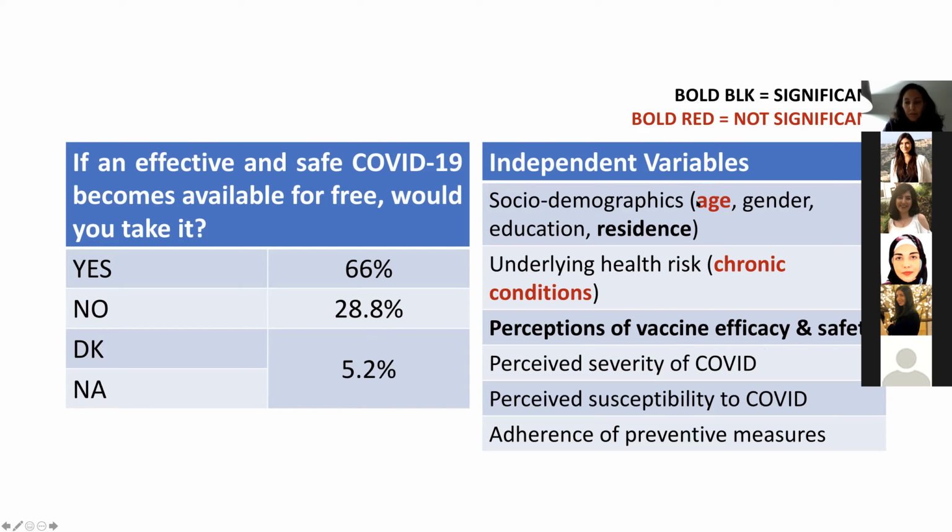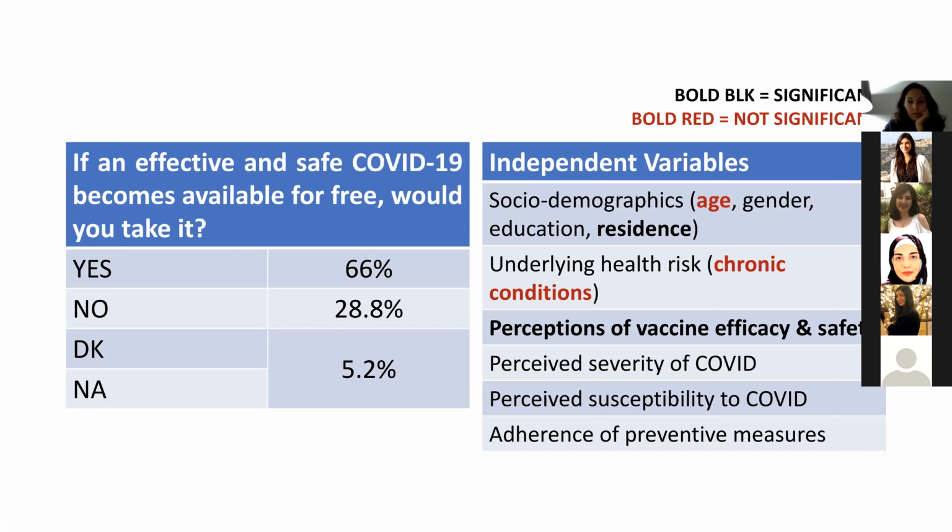What I was surprised with, and this is really important from a health promotion point of view, is that the 70 and older refugees, and those who have hypertension and diabetes, were not more likely to be willing to take the vaccine, which is not good, because I was expecting that people who have underlying conditions and who are afraid of the severe outcomes of COVID, and people who are older, would say, yes, I will jump on the vaccine as soon as it is made available.